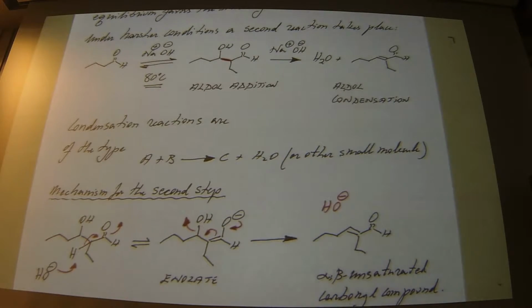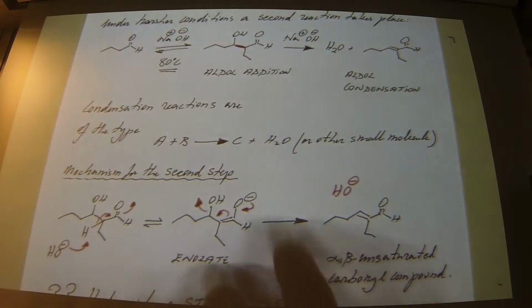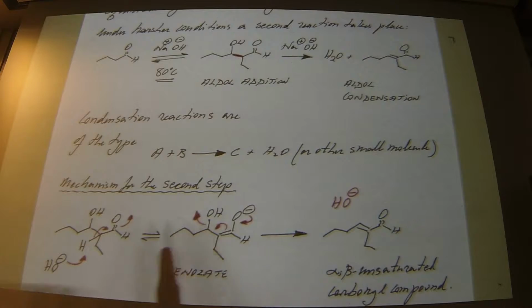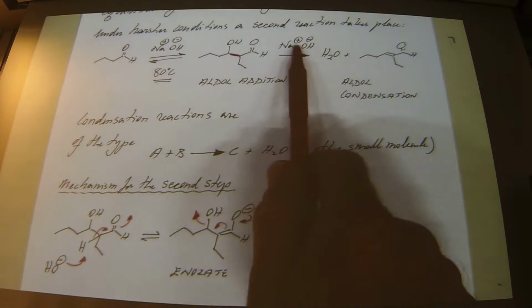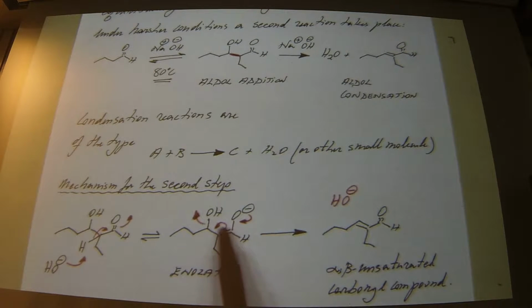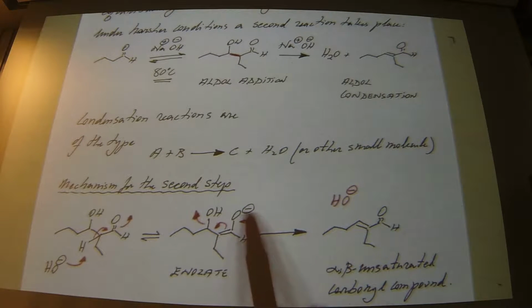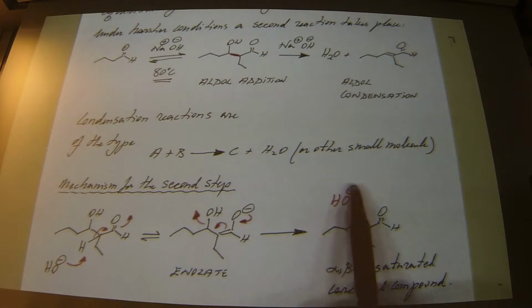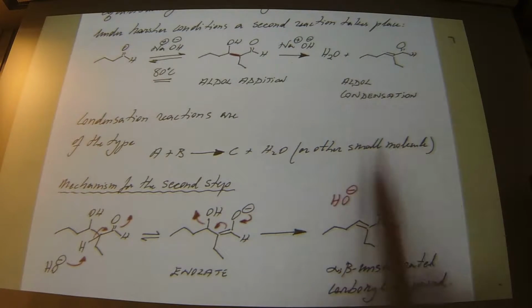And so look at what happens. In the second step, hydroxide, there it is, pulls off the alpha proton to form the enolate again. So you can still form an enolate. And then I can push arrows to expel hydroxide right there to generate the aldol condensation product.